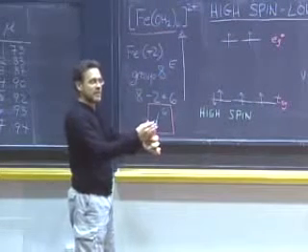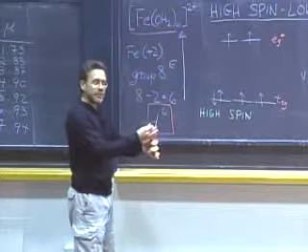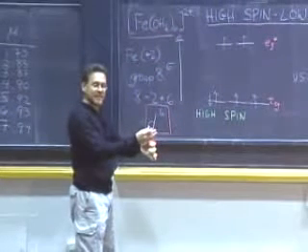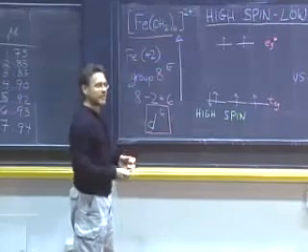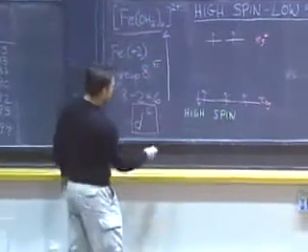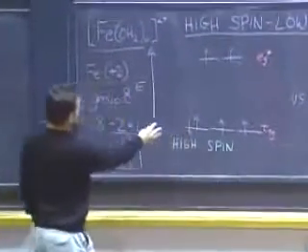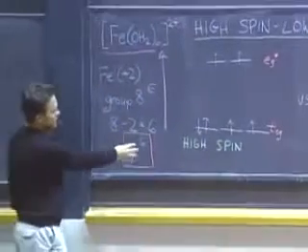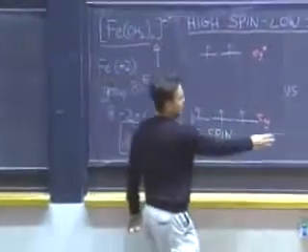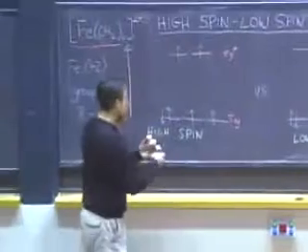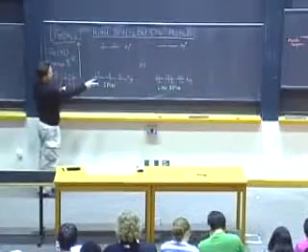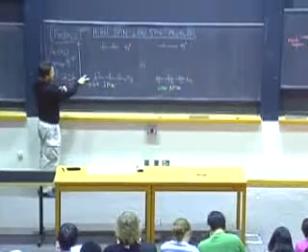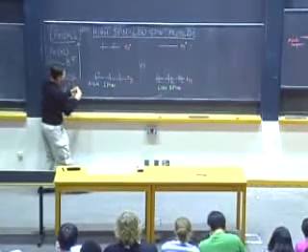So dn counts can go from d0 to d10. And that's the limit of the possibilities here. d0, 1, 2, 3, 4, 5, 6, 7, 8, 9, 10. Here I've chosen a d6 case to illustrate the high spin versus low spin dichotomy.